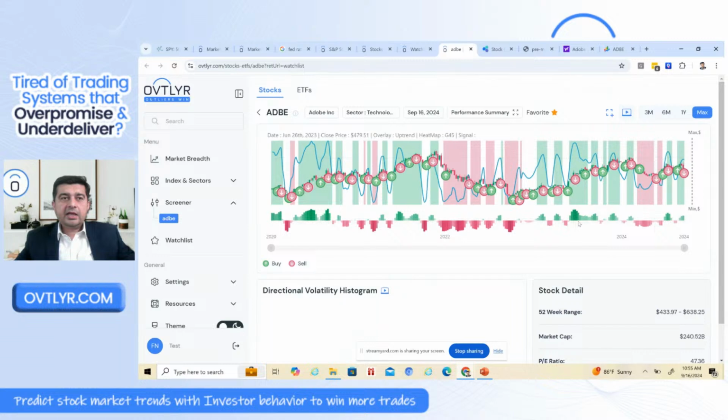So again, coming back to what these data points are: heat map. Very powerful, and I think Chris uses it in his exit strategy, when to get out. If you hover your mouse here, what you will see is that every day we assign a value.